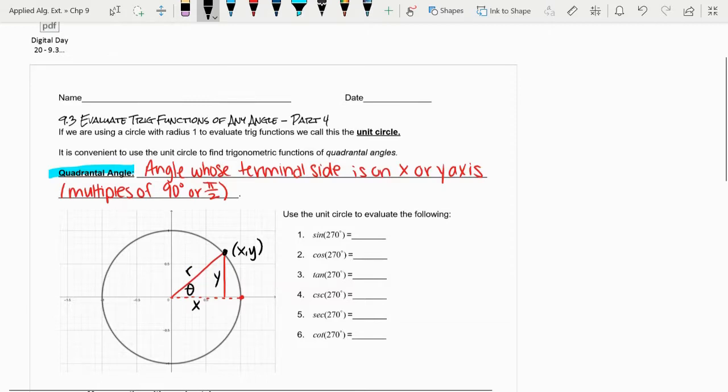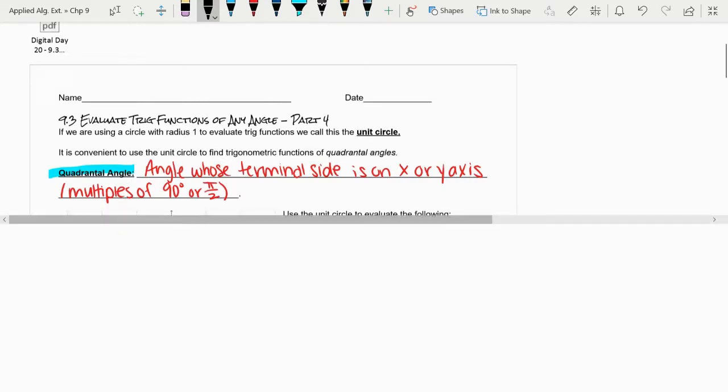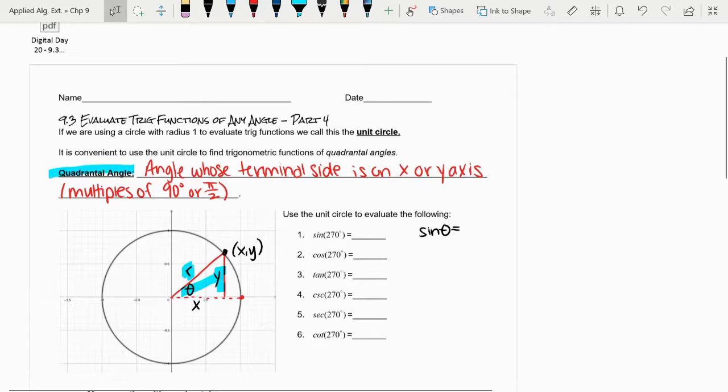So we defined all of our trig functions with that triangle. Sine, which is opposite of theta, all the way across here would be y, and the hypotenuse is always the same, that's r. So sine, SOHCAHTOA, opposite over hypotenuse is now y over r. Cosine, we're going to define as x over r.